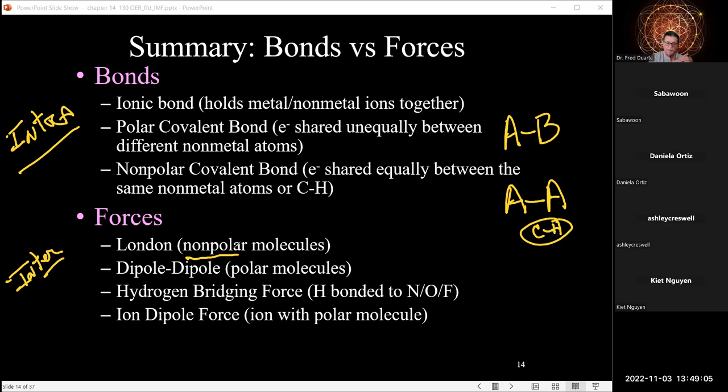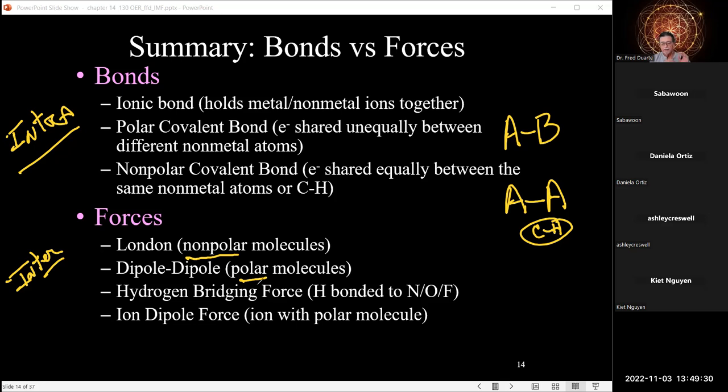Therefore, they have London forces. For the dipole force, the molecule must be polar. Either all the bonds are polar and they don't cancel out in the molecule, you result in a polar molecule, and therefore they have a dipole force.